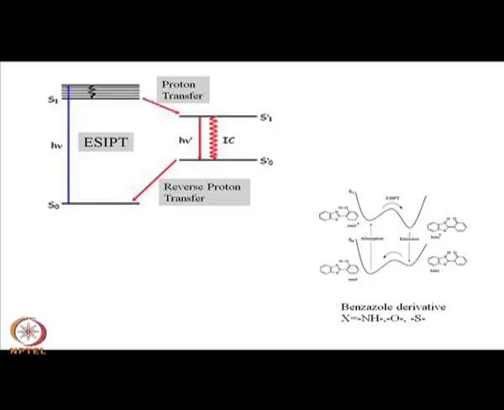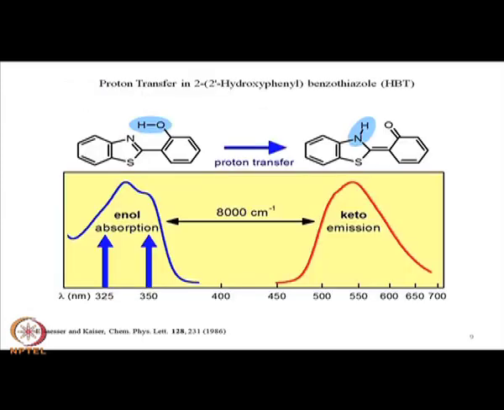But if your detection system does not have the capability to detect this faster event, then maybe you won't be able to see it. So, depending on the resolution of your detection system, you may observe this growth of the keto star form.